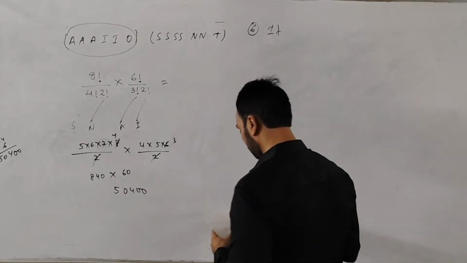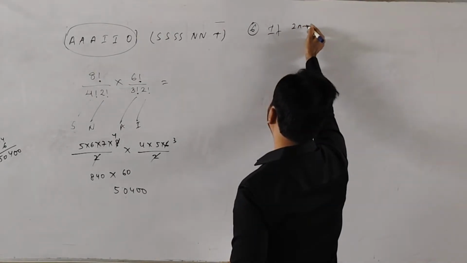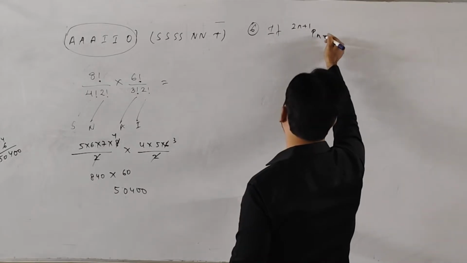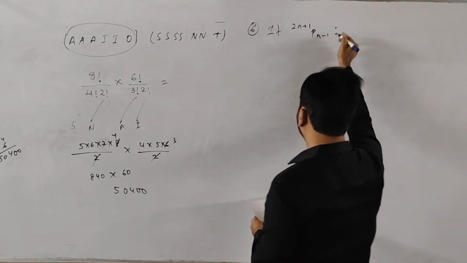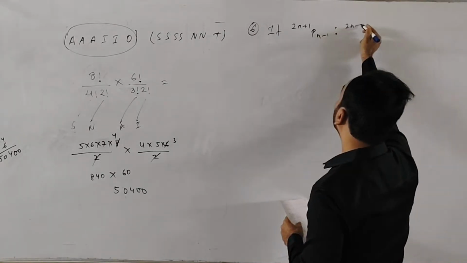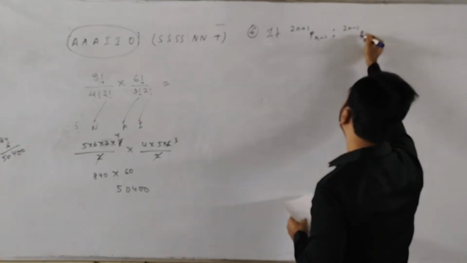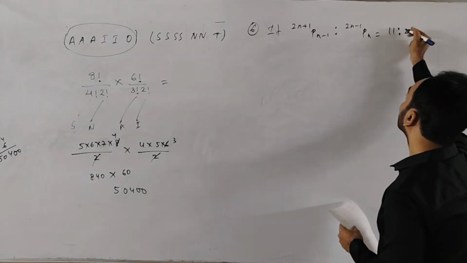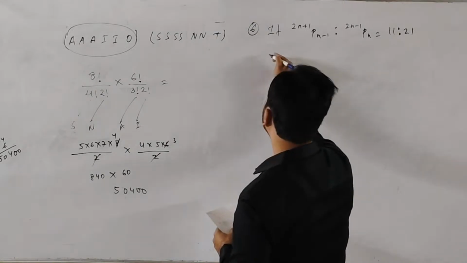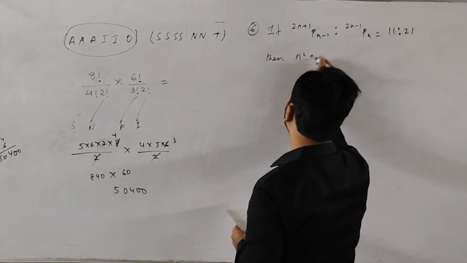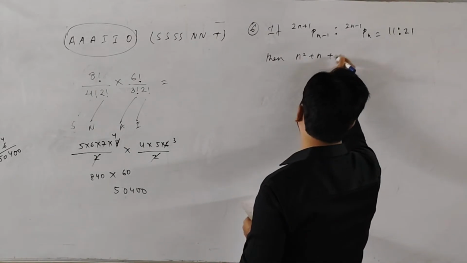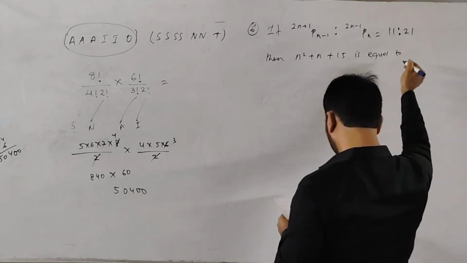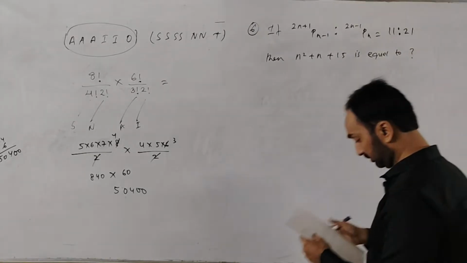If (2n+1)P(n-1) to (2n-1)Pn is in the ratio 11 to 21, then n square plus n plus 15 is equal to what?